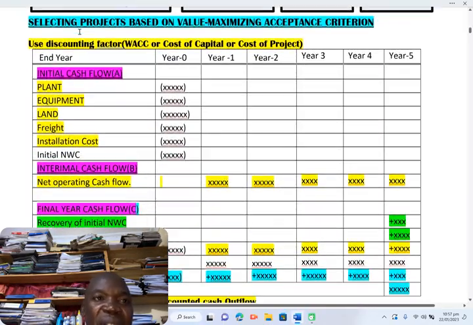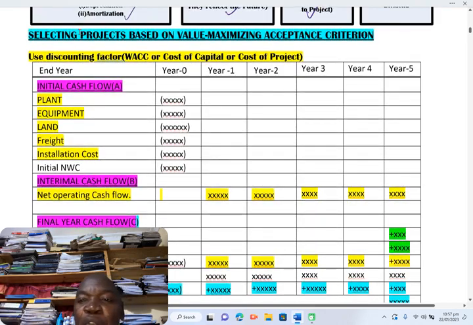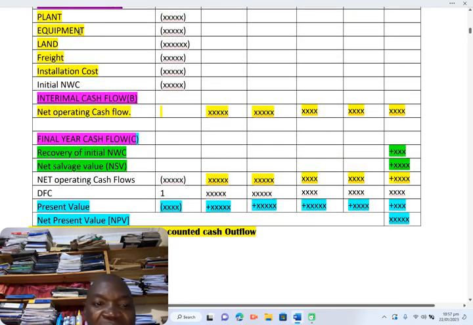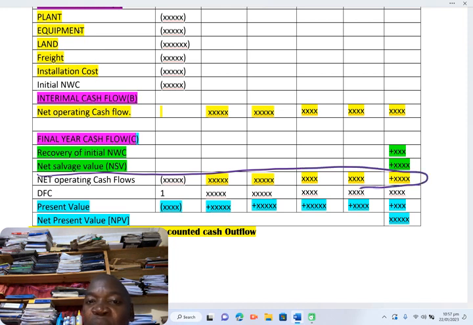Now, the procedure for getting net present value, you must extract this component here. Actually, the examiner can give you this net operating cash flow so that you discount them to get NPV.